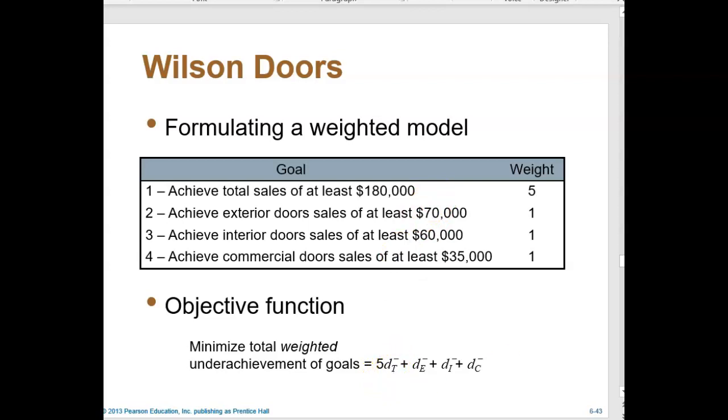So now, using this weighted goals approach, we've reduced the problem to an LP model which has just a single objective function. Although we're solving for multiple goals, we only have one objective function which is going to go into Solver. Let's switch to Excel to see how we can formulate this in Excel.